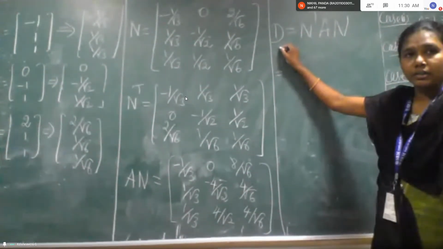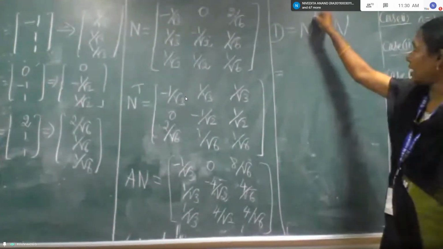Next, D, that is the diagonalization matrix, N transpose into AN.